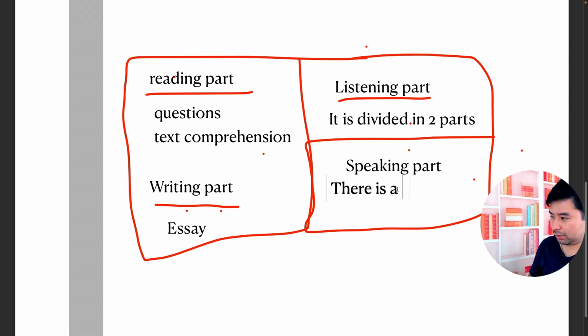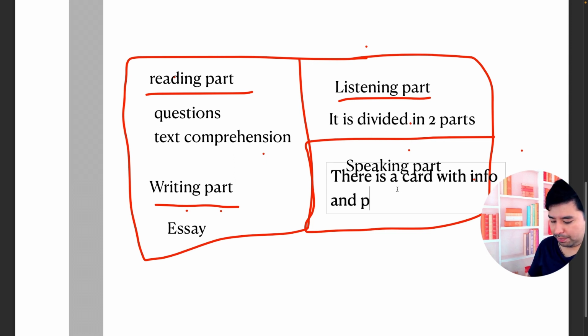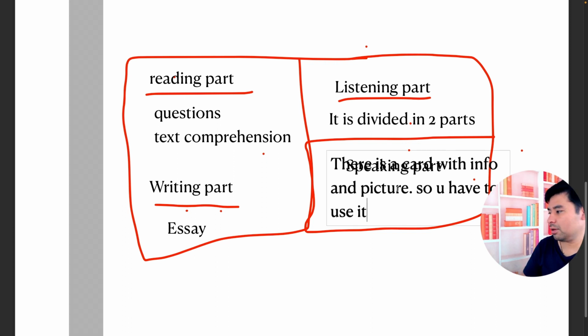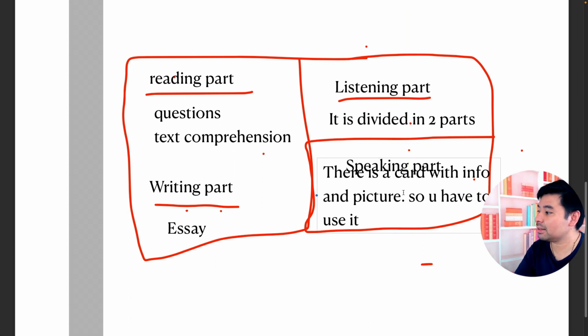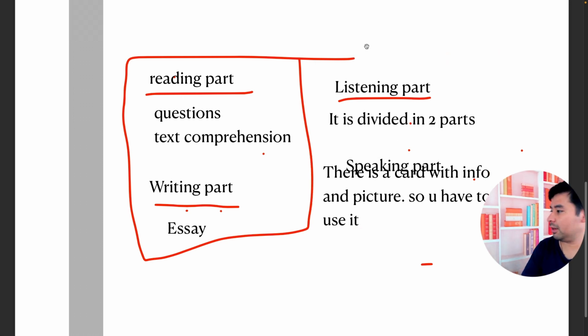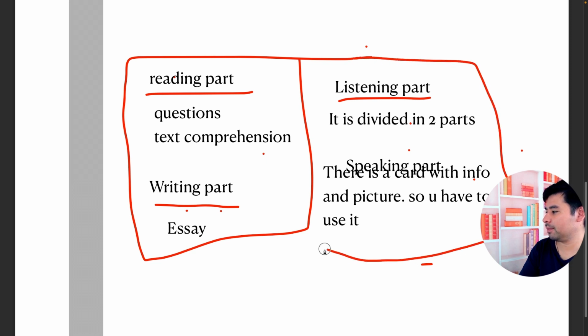There is a card with info and a picture, so you have to use it. So basically, this is the thing that we should learn in this part.